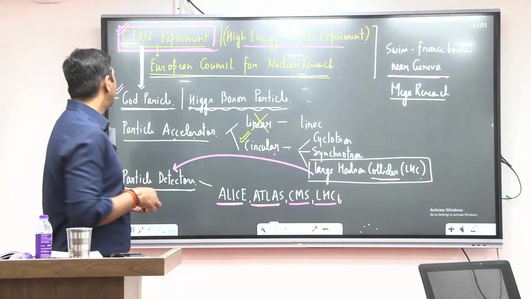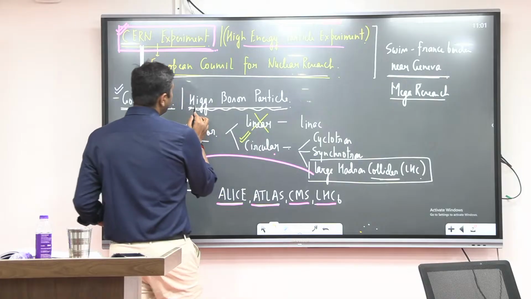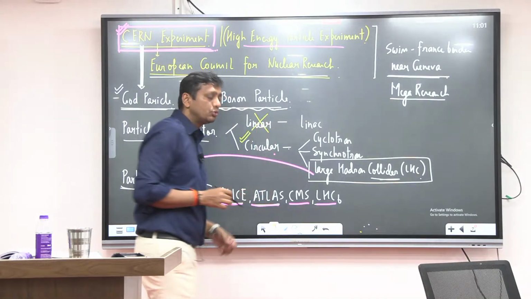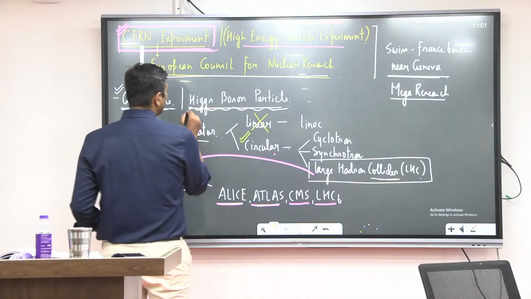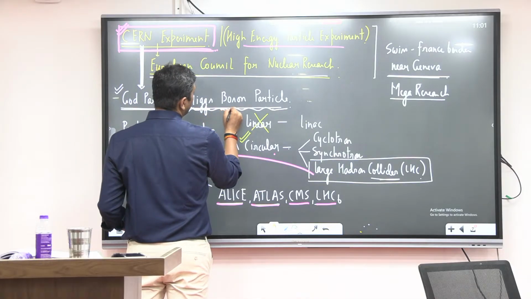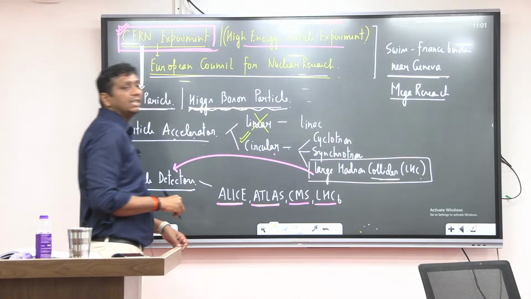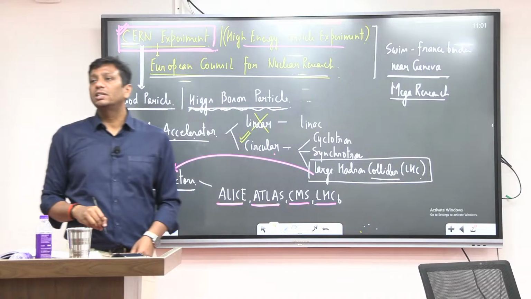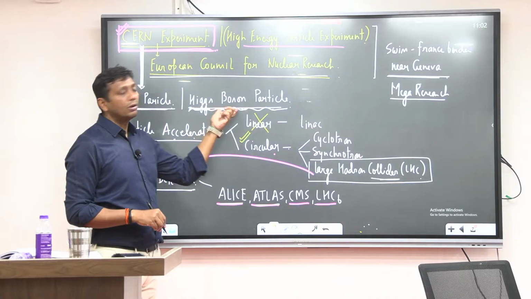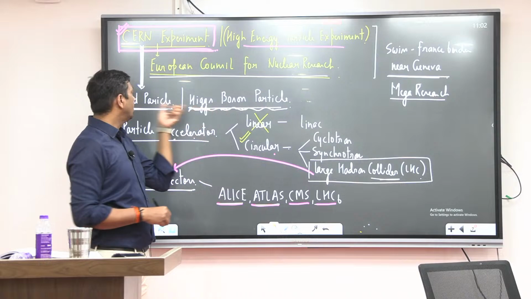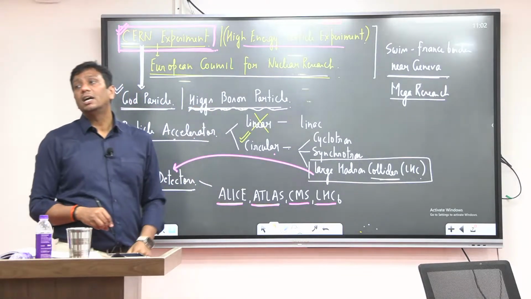Two scientists' names are used here: Peter Higgs, and Professor Satyendra Bose. Professor Satyendra Bose was an Indian scientist. Because of these two people's contributions, everybody understood what a dark particle is.